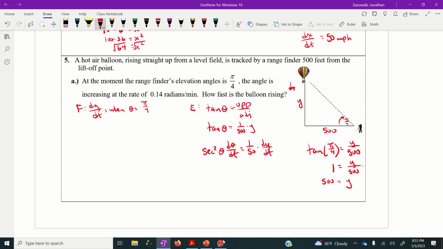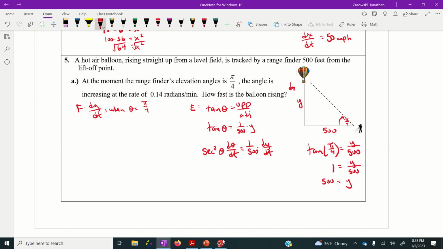We didn't even need y because when we take a derivative, there isn't a y left over. We do know, right, that we want to find dy/dt. We know that d theta/dt is 0.14 radians. We're going to have to do a little bit of work for secant squared, so we technically do need this when we do this question.